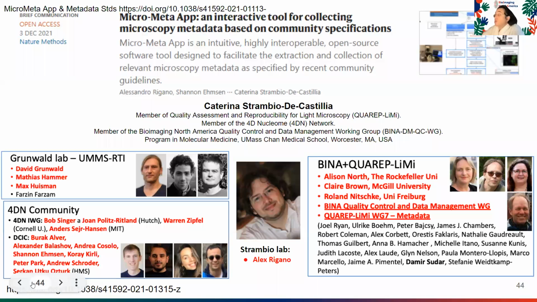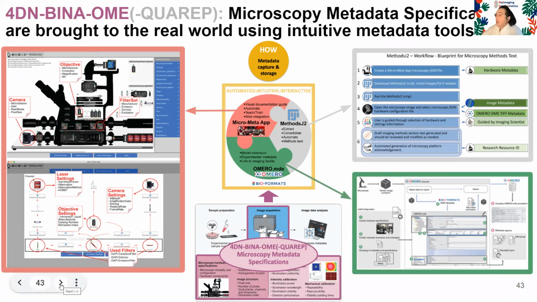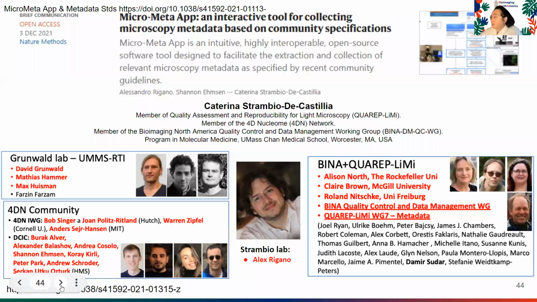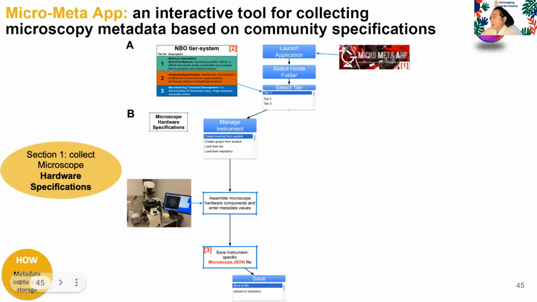And all of these tools are designed really to work together to bring to life the specification. Micrometa app, which was also developed together with the CIC, the Data Coordination and Integration Center of the 4DN community, is really a tool that allows you to collect the information about initially the hardware of your microscope.